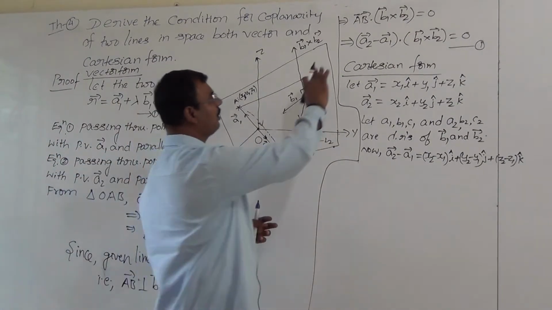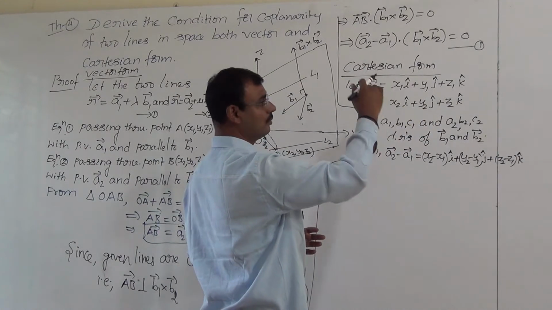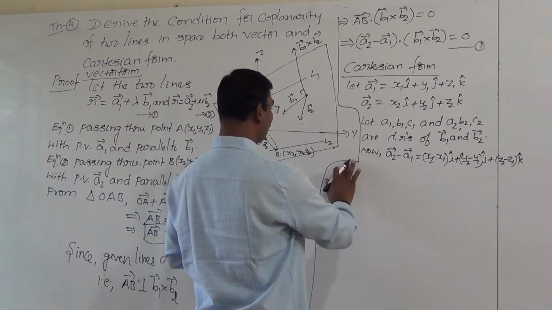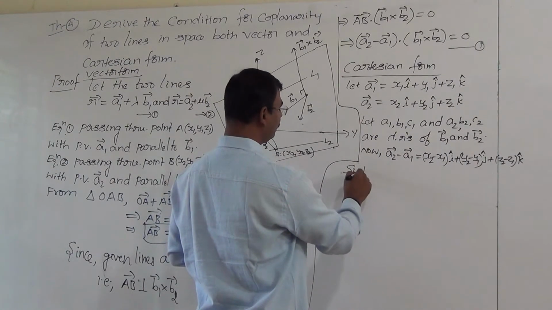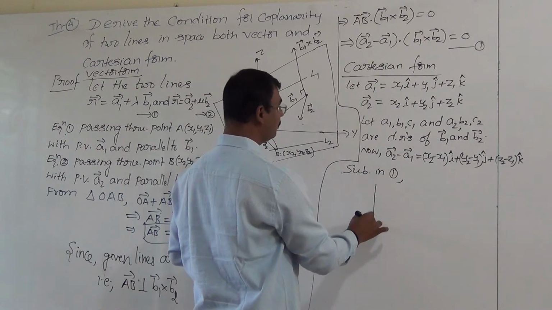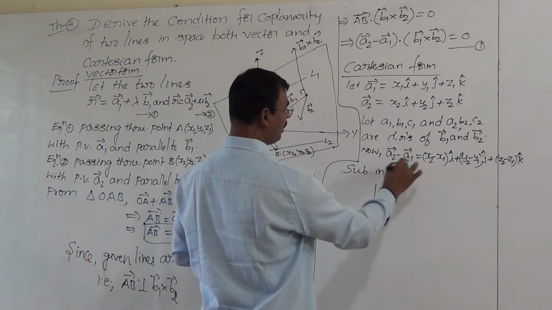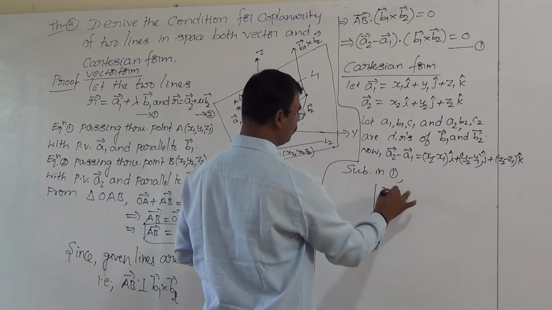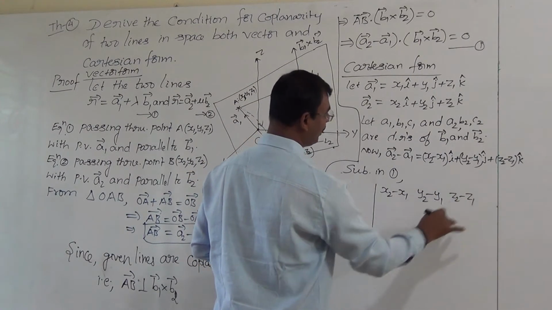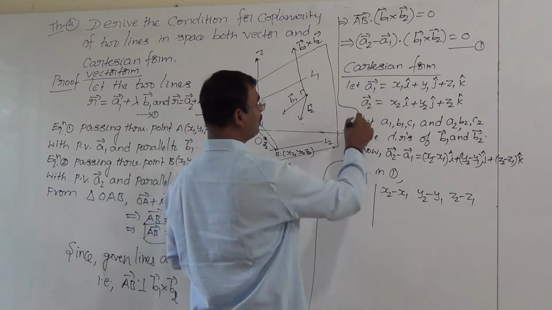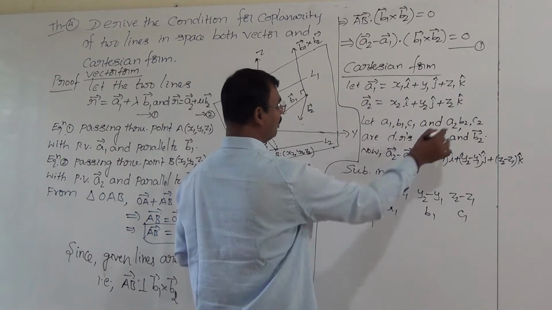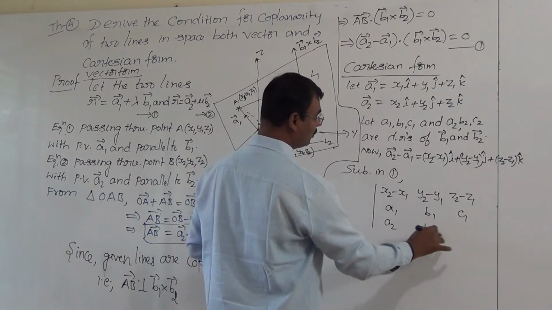Instead of writing it out in full, which is very big and difficult to remember, substitute in equation 1 and write in matrix determinant form. The first row is the coefficients of A2 minus A1 vector: x2 minus x1, y2 minus y1, z2 minus z1. The second row is the DRs of the B1 vector, a1 b1 c1, and the third row is a2 b2 c2.